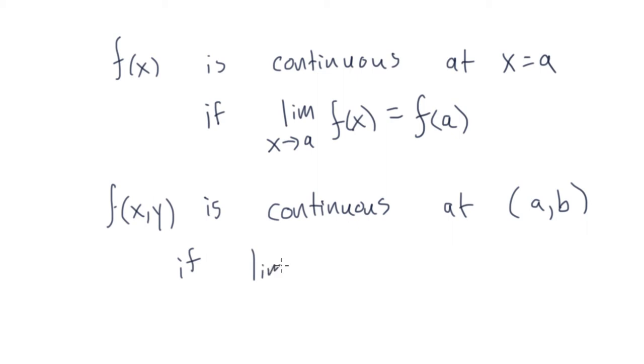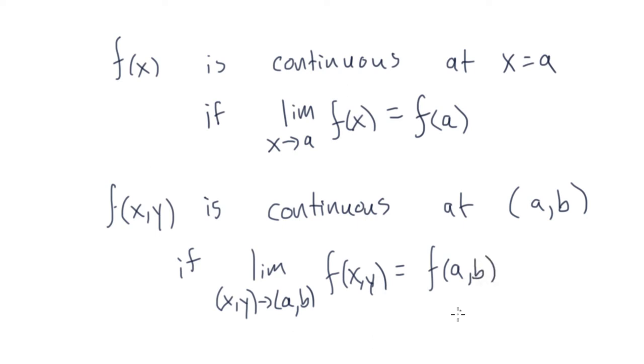The limit as (x, y) approaches (a, b), from any direction, needs to exist, but it better equal the function value at the point (a, b). So the idea of continuity is almost exactly the same for functions of two variables, and even for functions of three or more variables.